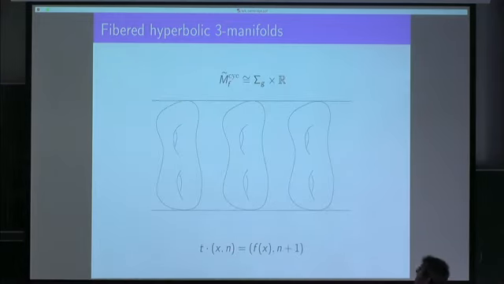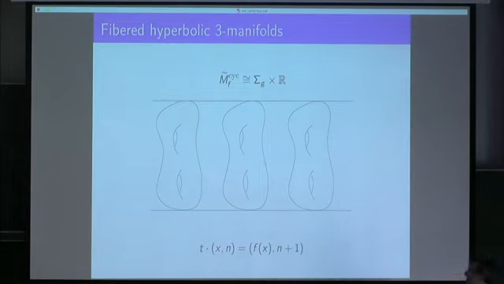We are going to look at the geometry of the cyclic covering of this manifold. The cyclic covering is a regular covering, which is just homeomorphic to the surface times R. And how does the stable letter act on this covering?